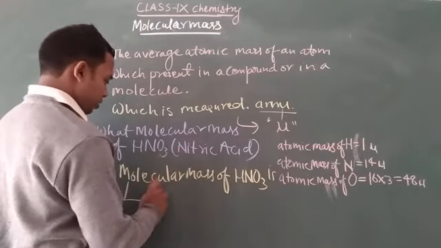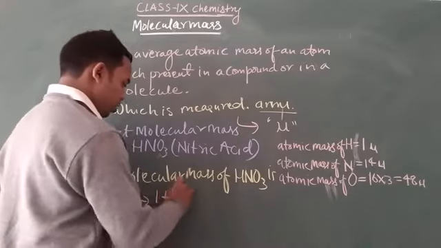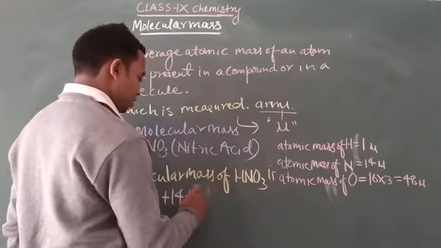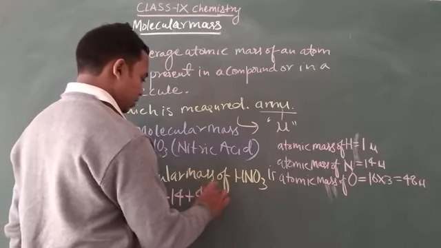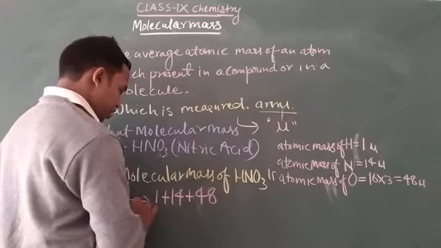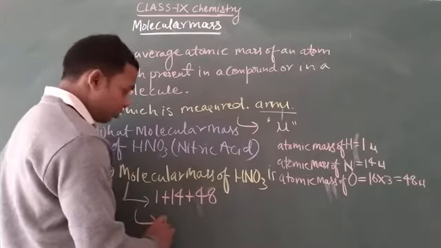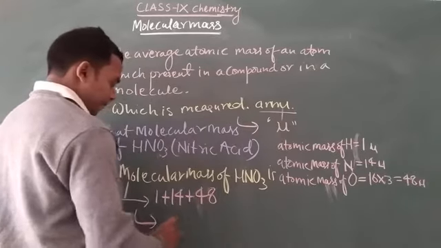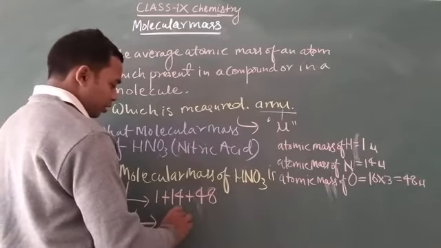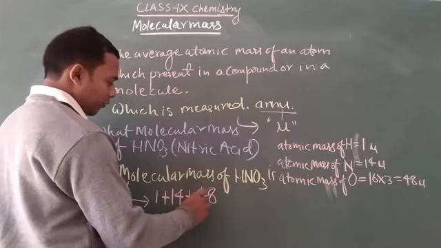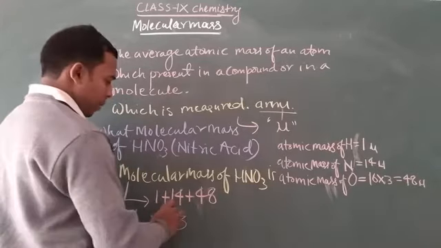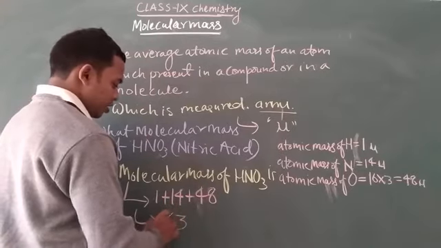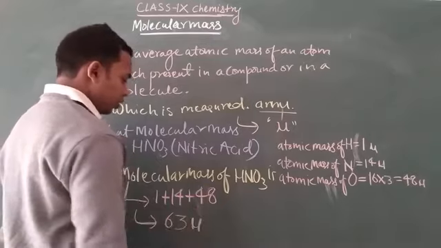Now calculate the molecular mass of HNO3. Hydrogen 1 plus nitrogen 14 plus 48 is equal to 63 unified mass.